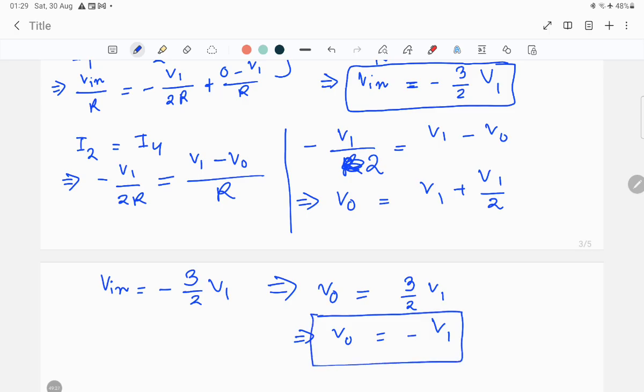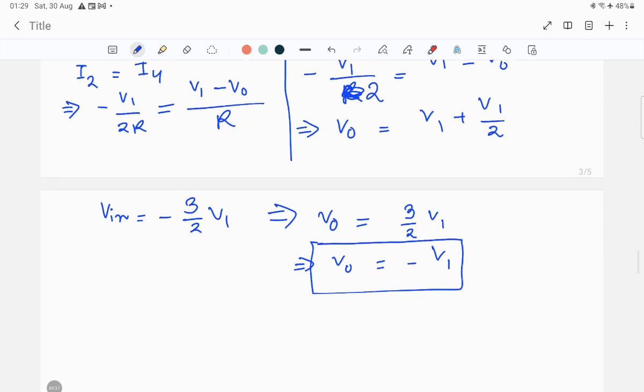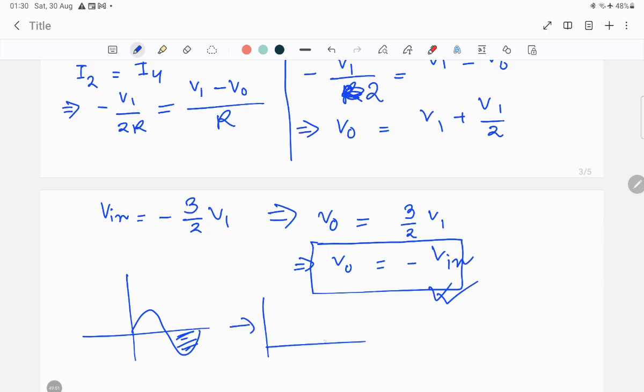So in the negative half cycle, your voltage is already in the negative part. So whatever negative value you provide will ultimately give you the positive signal. Okay, so it's negative V in. So due to this equation, as my input signal is becoming negative, the output of this signal will be positive.